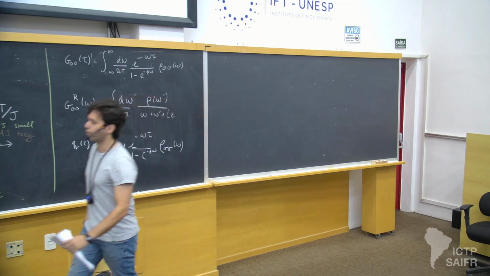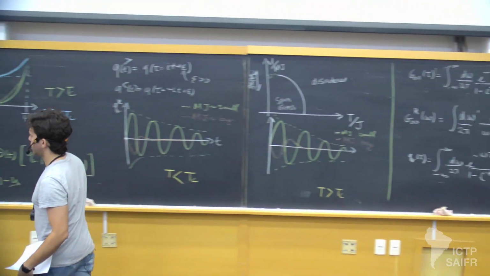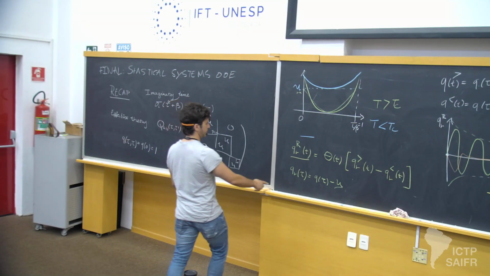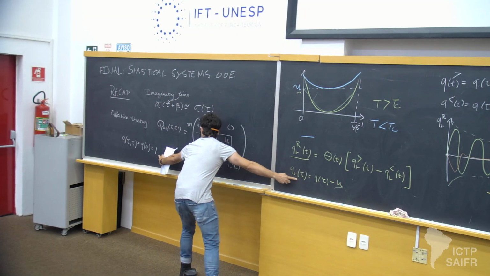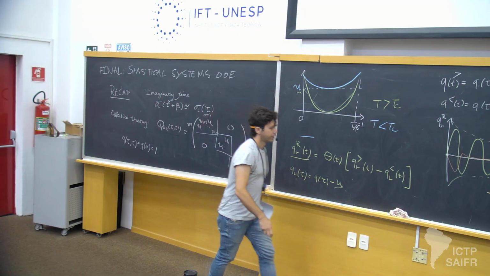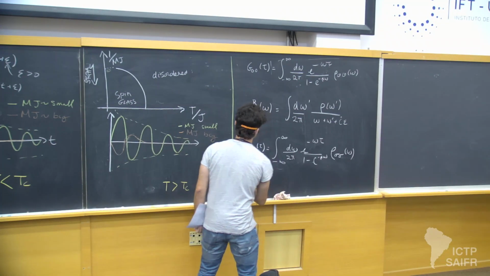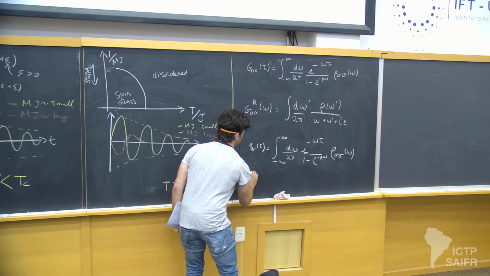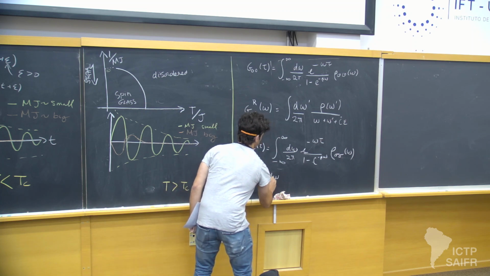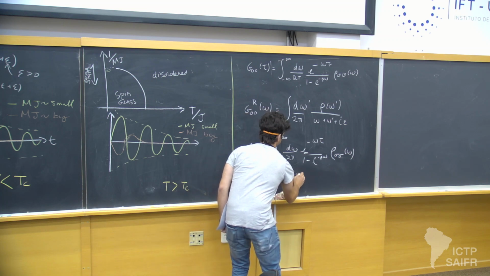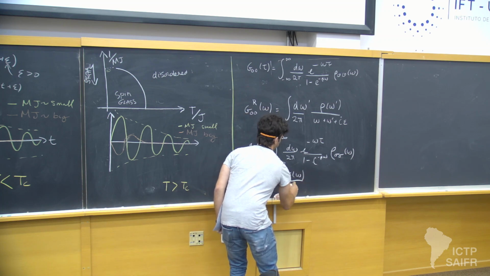And now I want to remind you of this and this definition. If I plug in tau equal to 0 here, then I get 1 minus u equal to the integral over all frequencies, over 2 pi, of rho of omega over 1 minus e to the minus beta omega.